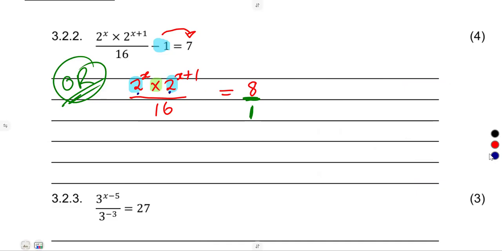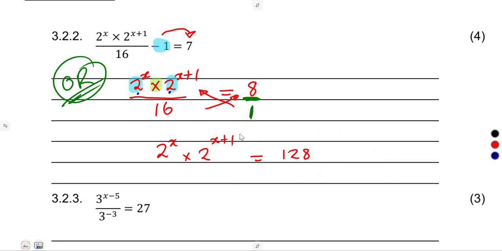So this allows us to cross multiply. If I cross multiply, it's 1 times this as it is, 2 to the exponent of x times 2 to the exponent of x plus 1, which is equal to 16 multiplied by 8. 16 times 8 gives us 128.